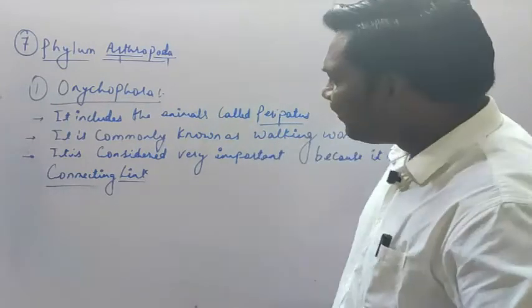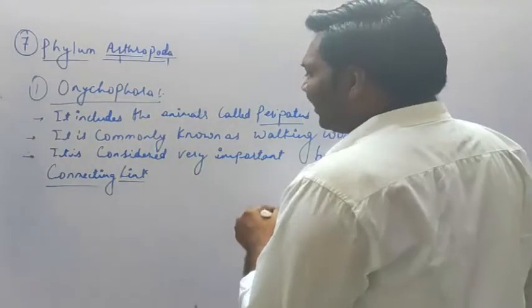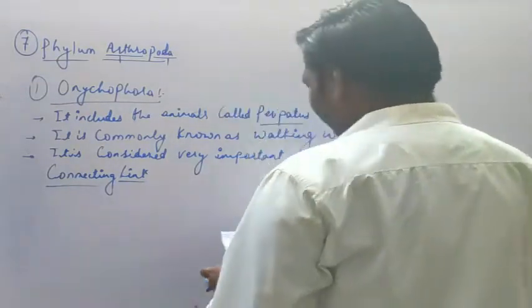Two different types of link can be called: one is the connecting link and one is the missing link. So here it is the connecting link between two different phyla.